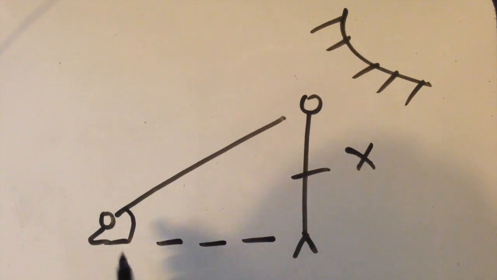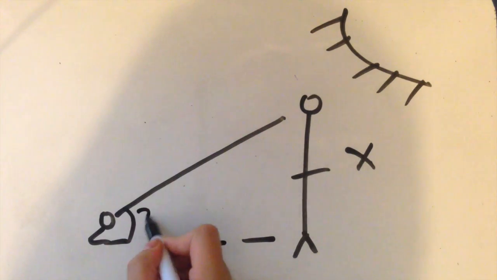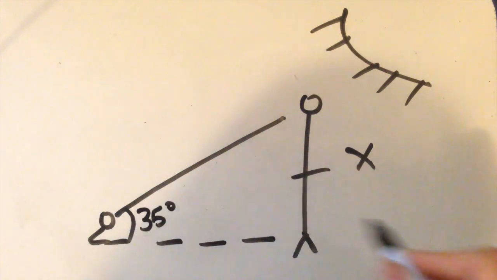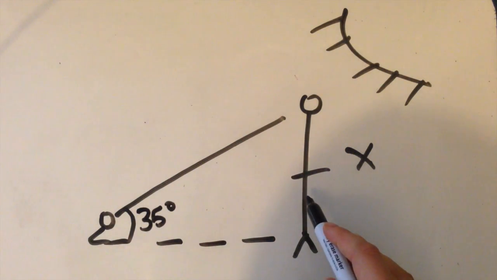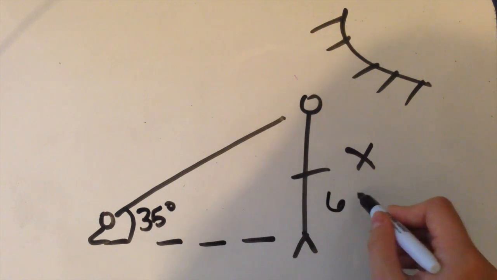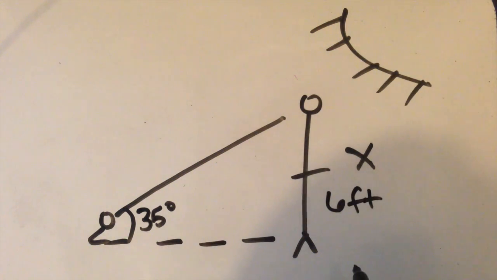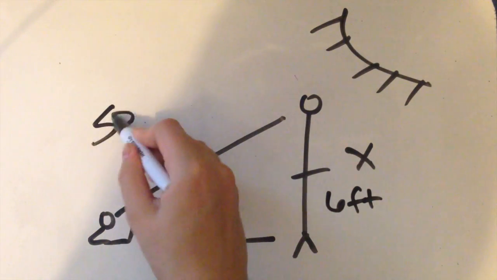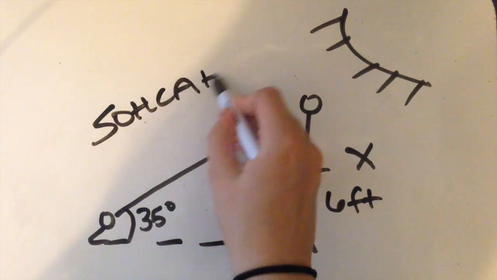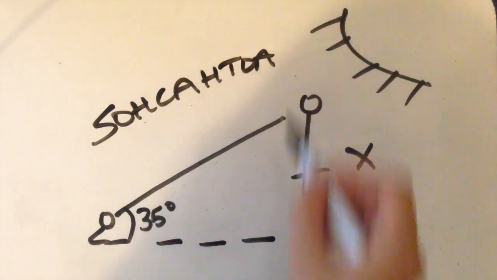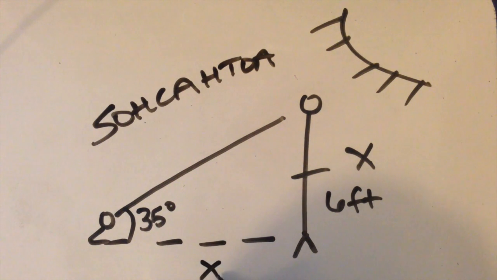If I told you that this angle of elevation was 35 degrees, and I told you that this person was 6 feet tall, using what we know already about SOHCAHTOA, you could determine how many feet long his shadow is.